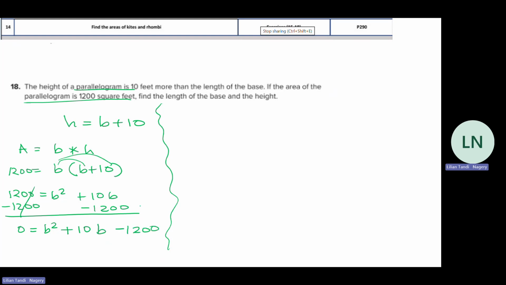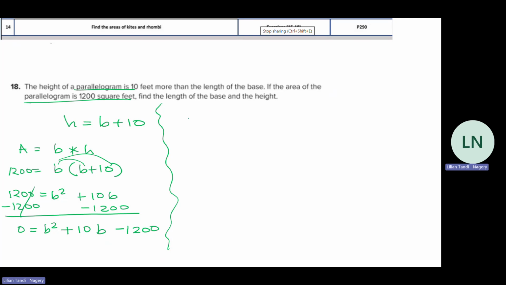I need to find B. So I need to solve my quadratic equation by finding two numbers that when I multiply, I get negative 1200, and when I add, I get positive 10.